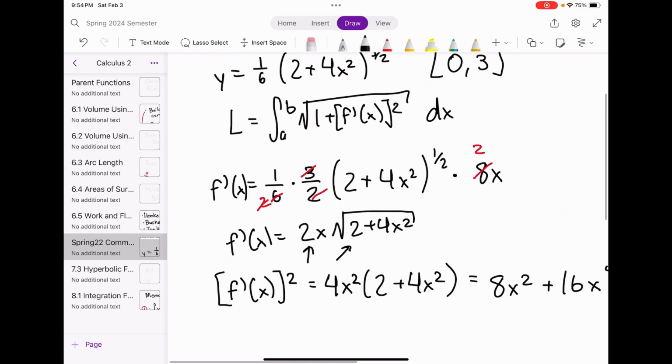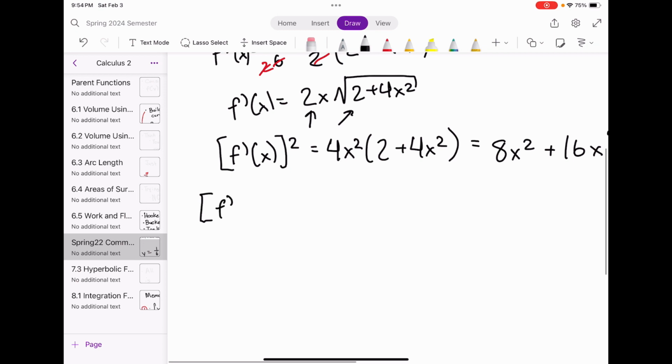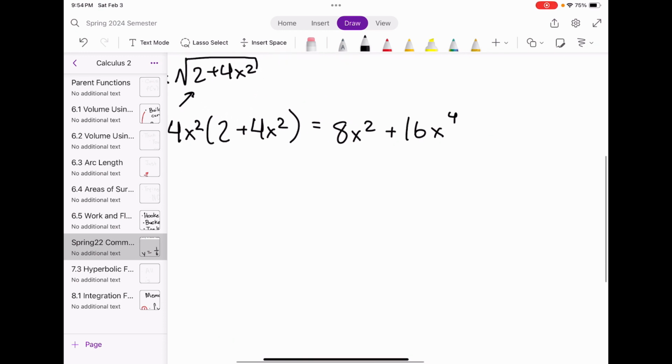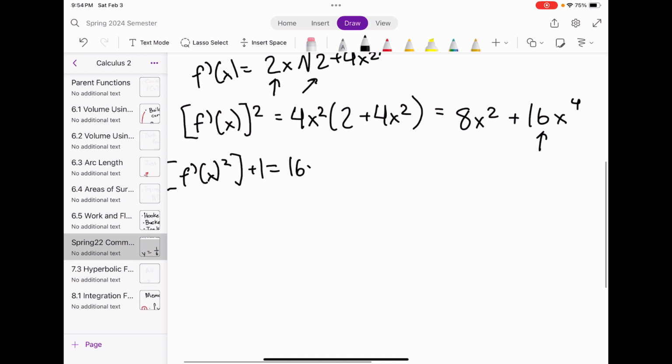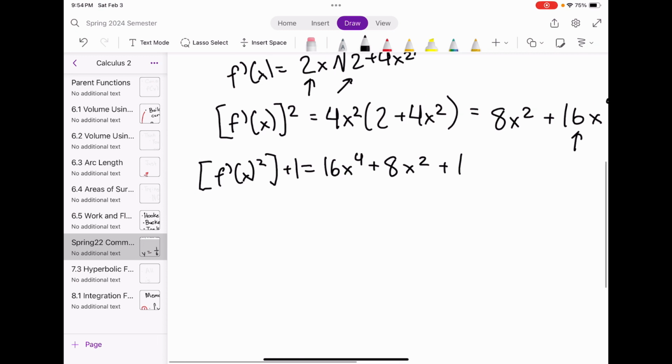Now, lastly, for this underneath part, we're going to add 1. So f prime of x squared plus 1. And I'm going to rewrite this with the highest order term in the front, so I'm going to have 16x to the 4th plus 8x squared plus 1. And right off the bat, I'm able to tell that there's something I could do with the factoring.